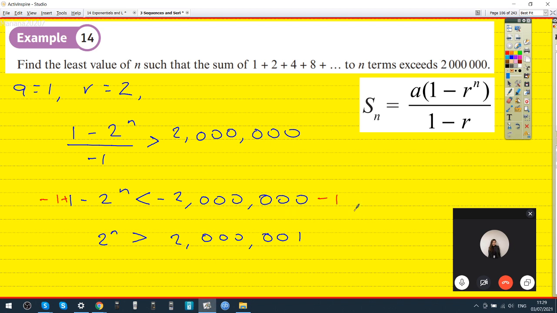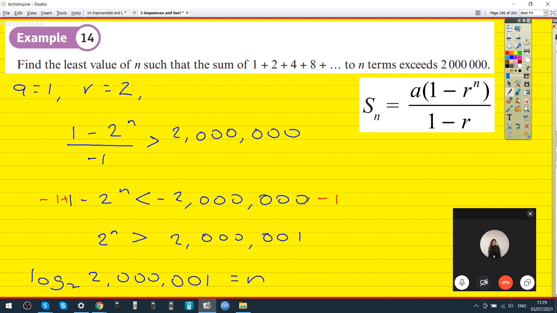And then we can use logs now. So we just do log base 2 of 2 million and 1 on the right, and that equals n.